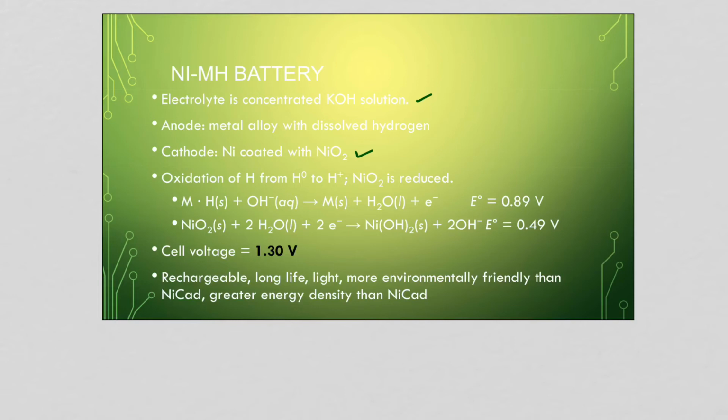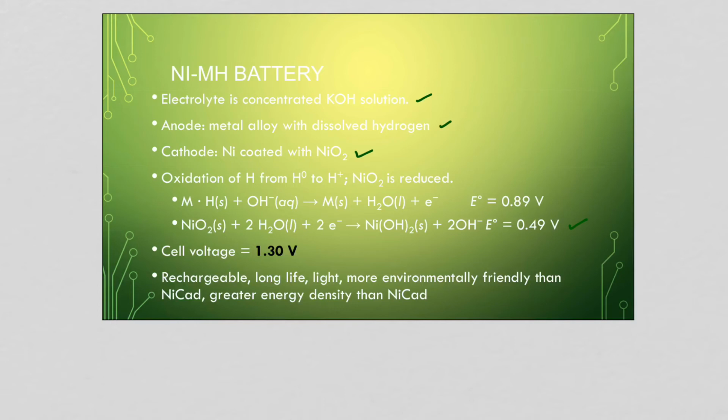But the key part is it has hydrogen incorporated into the metal, and that hydrogen is what undergoes the oxidation. So we get oxidized from hydrogen 0 to hydrogen +1, and we have that same nickel reduction from +4 to +2 that we saw in the NICAD battery.